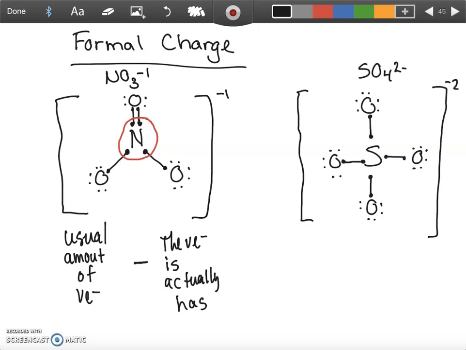In the case of nitrogen here, we already know that it has 5 valence electrons normally.